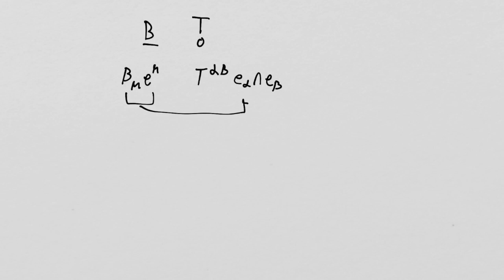But we know that we would write this as B mu E mu, and then we would write this as T alpha beta E alpha wedge E beta. And the theory is we're going to take that and feed it into that.